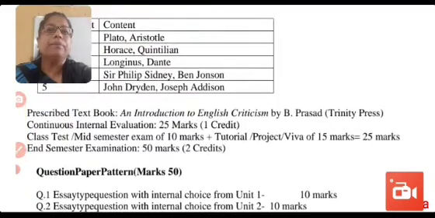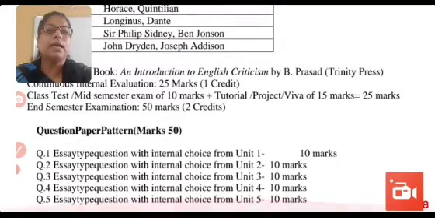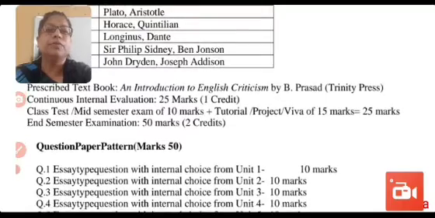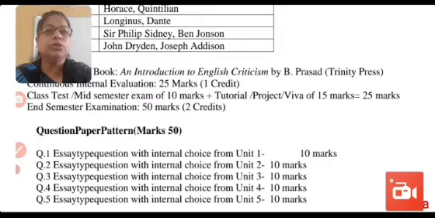The third question will depend upon the third unit or module, that is Longinus and Dante. The fourth question will be related to Sir Philip Sidney or Ben Jonson. And the fifth question will be an essay type question with internal choice from unit 5, that will be related to either John Dryden or Joseph Addison, and all these questions carry 10 marks each.